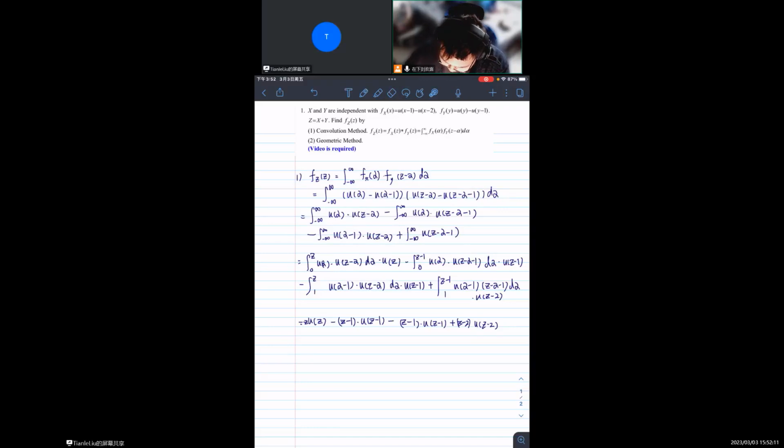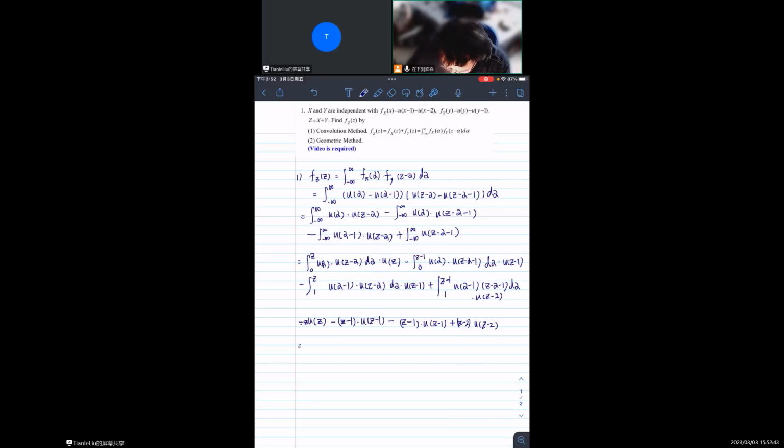So for this one, we separate it out one by one to find each of the integrals. Then for this step, we bring the z into the integral range to simplify the integral process. And for the next step, we simplify the integral outcome to this formula.